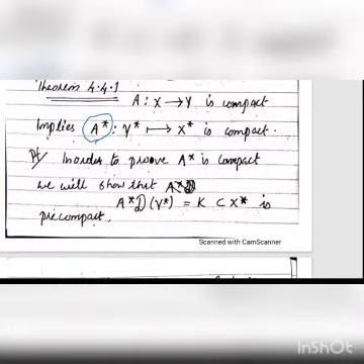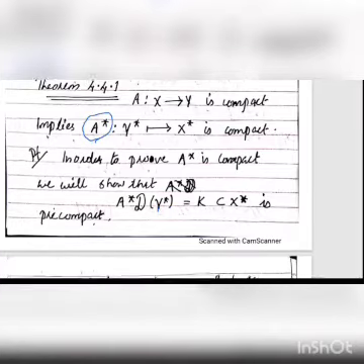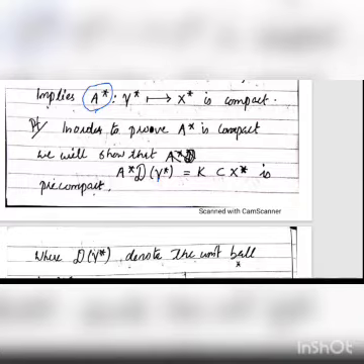In order to prove A star is compact, we will show that A star of D of y star is pre-compact. D of y star denotes the unit ball in y star.